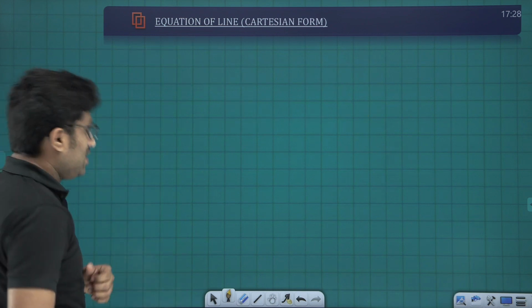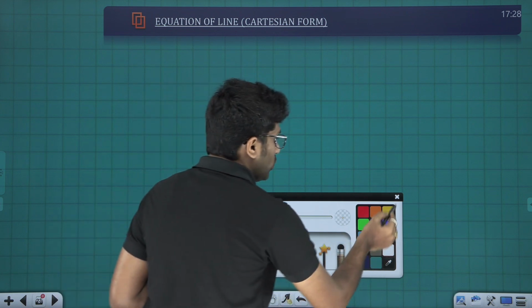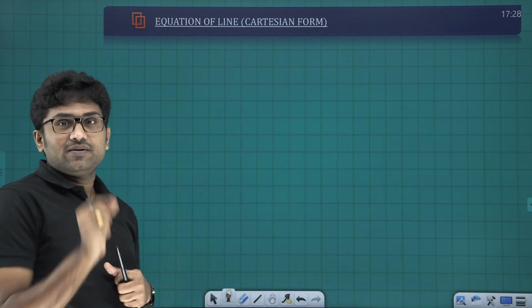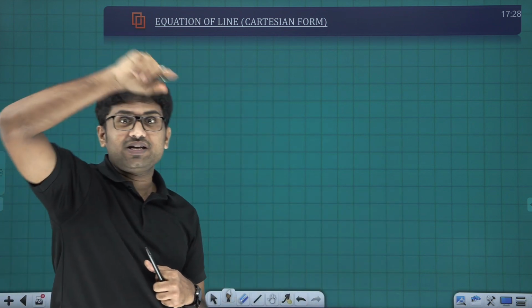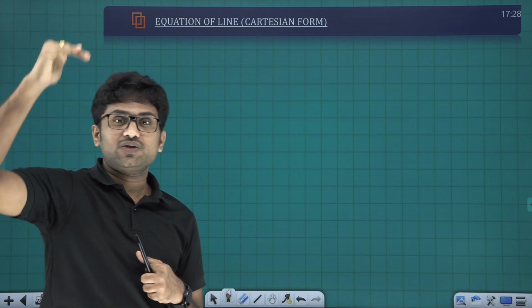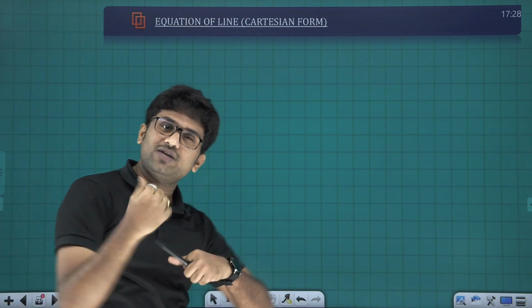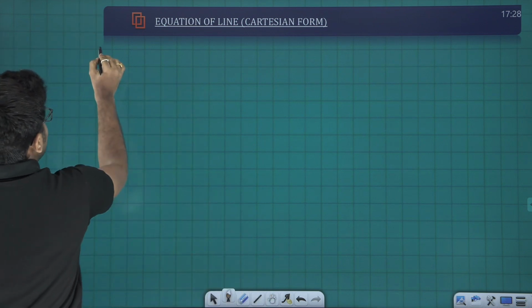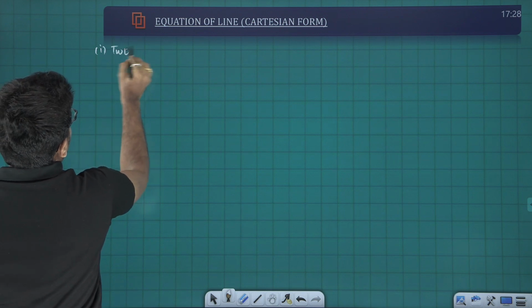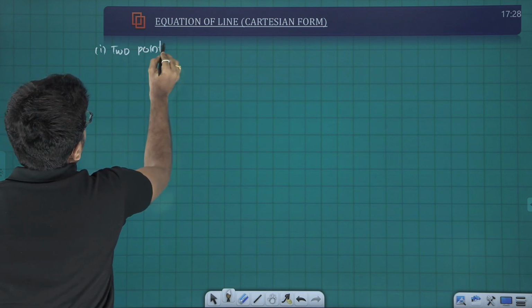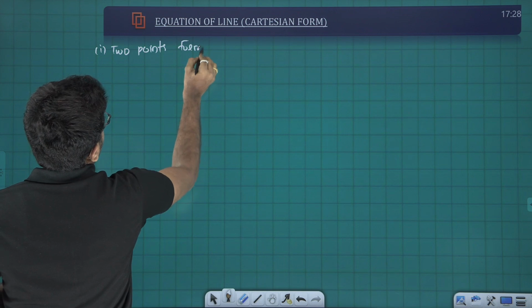Whereas in Cartesian form, I hope you remember the symmetric form from two-dimensional: (x minus x1) by cos theta equals (y minus y1) by sin theta equals r, which is an equivalent form to that. And in the same way, number 1, we go with the 2 points form.